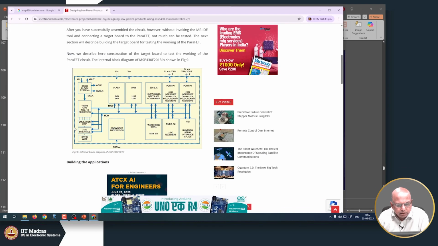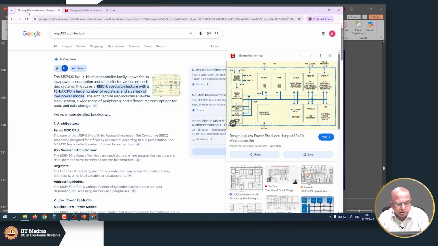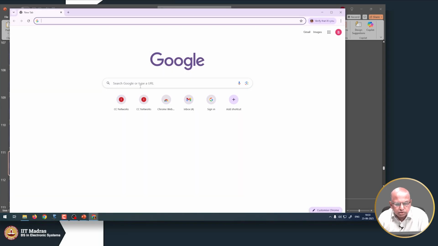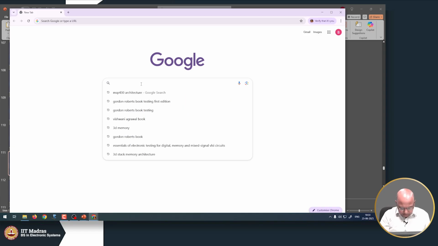Right. Then there are timers, IO ports, and there are several families of MSP 430, right. It is not that there is only one kind of MSP 430 available in the market. So, there are many families, and we may be able to find architectures of many of them. So, let me also show you the MSP 430 family.